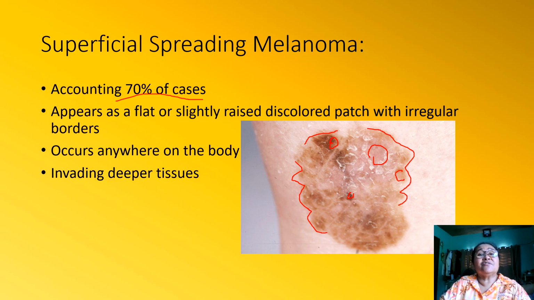This type develops on the trunk in men or on the legs in women, although it can occur anywhere on the body. Superficial spreading melanoma generally grows horizontally across the skin before invading deeper tissues, making early recognition and treatment highly effective.